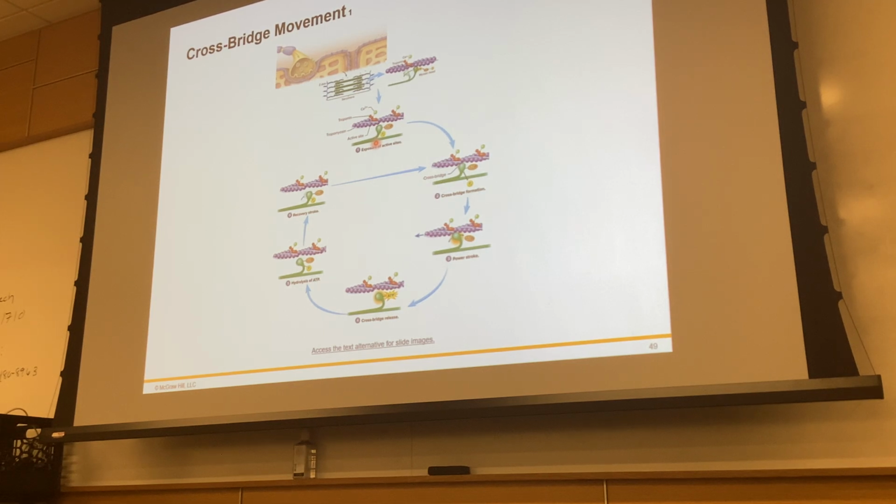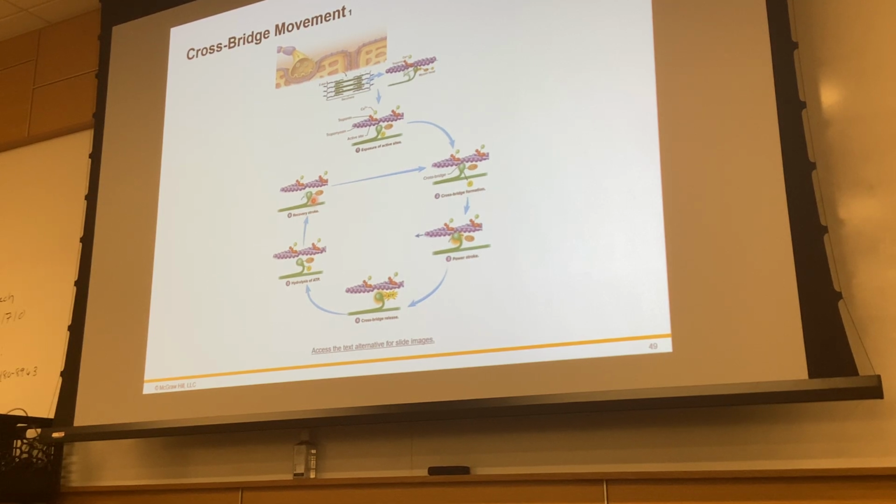This picture is showing the myosin head grabbing the exposed G-actin site, forming the cross bridge, and pulling it. That's called the power stroke. When it's pulling, it then runs out of ATP and it releases. At this point, new ATP is formed.